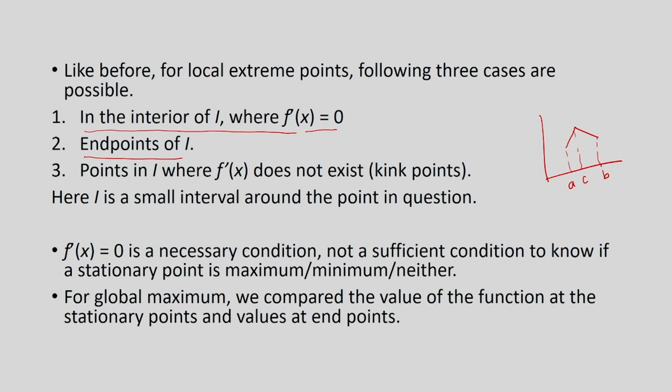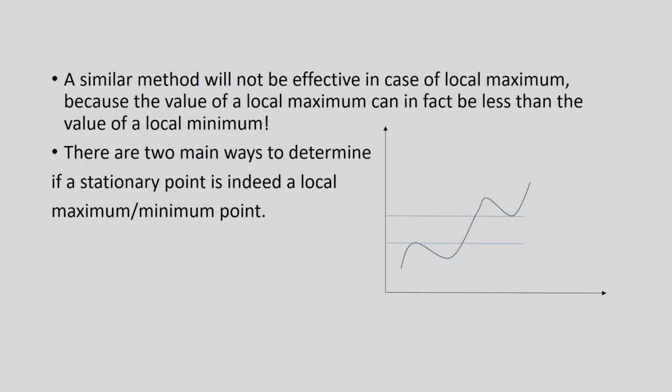For global maximum, what we did was compare the value of the function at the stationary points and the values at the endpoints. Endpoints means the endpoints of the domain. But that method will not apply in the case of local maximum or minimum. A similar method will not be effective in case of local maximum, because the value of a local maximum can in fact be less than the value of a local minimum.